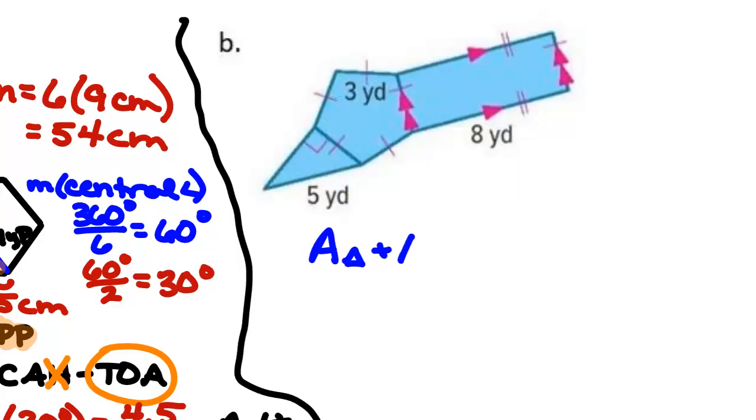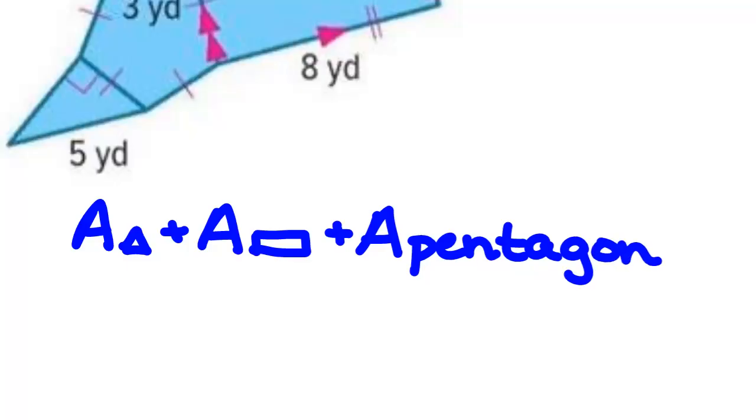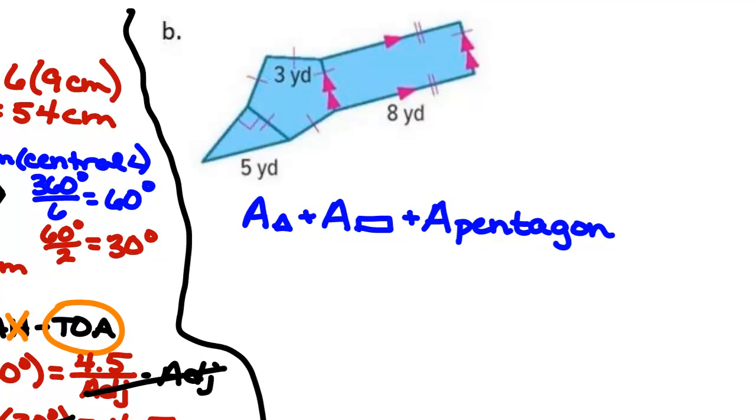A rectangle. So area of a triangle plus area of the rectangle plus, are there any more shapes? The five-sided shape, the pentagon. So area of the triangle plus area of the rectangle plus area of the pentagon.